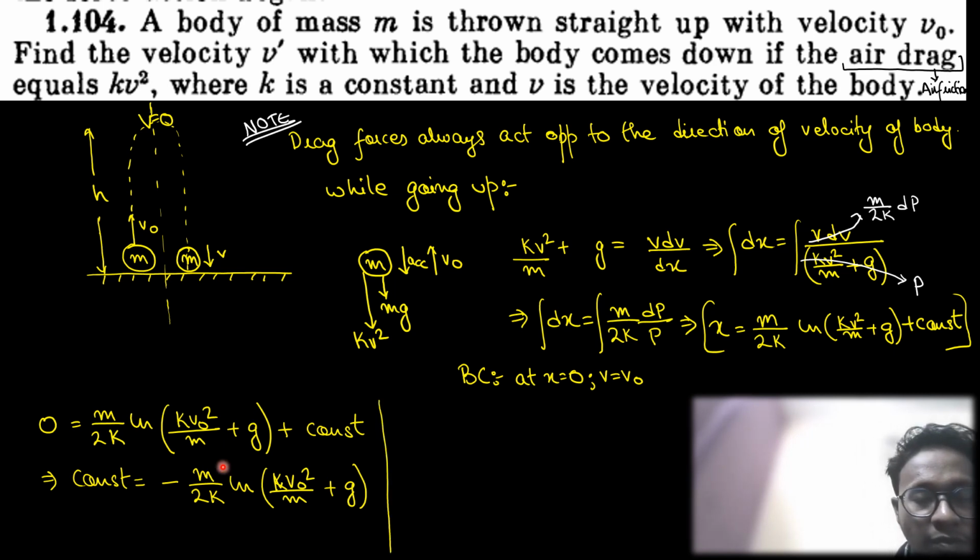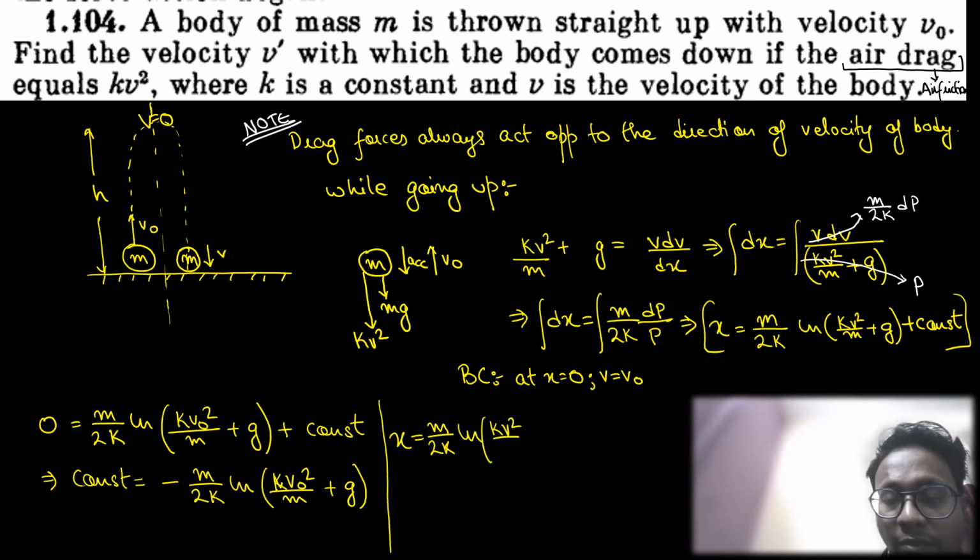If I substitute the value of the constant by this value, I'll get the equation of displacement as x is equal to m by 2k ln of k v square by m plus g, where v is the velocity at any point, minus m by 2k ln of k times the initial velocity square by m plus g.